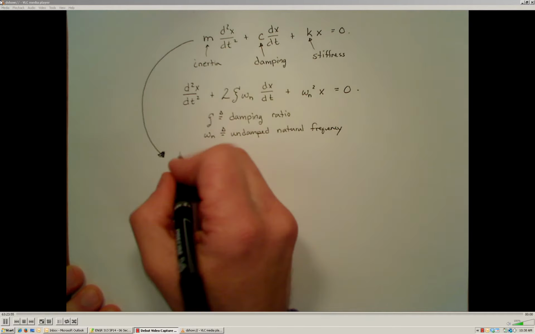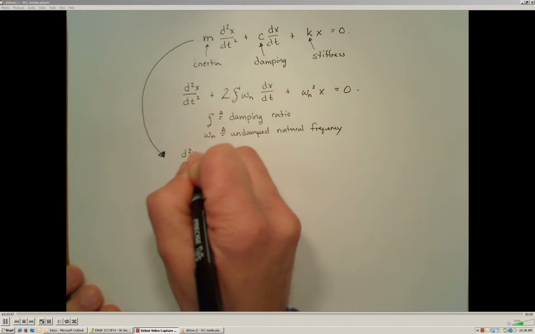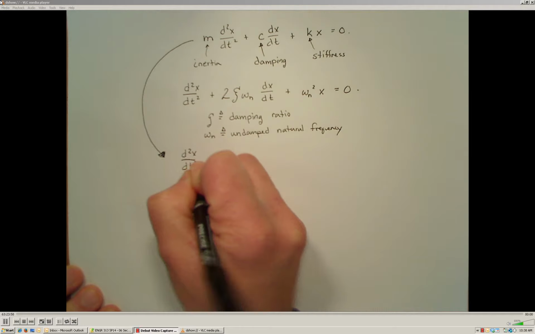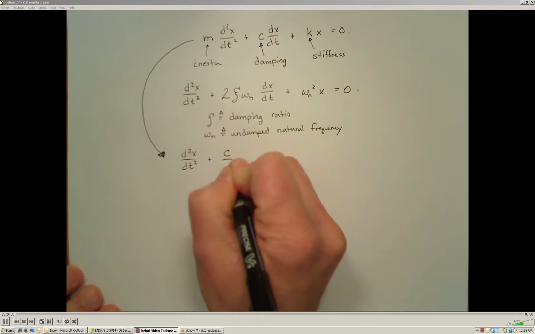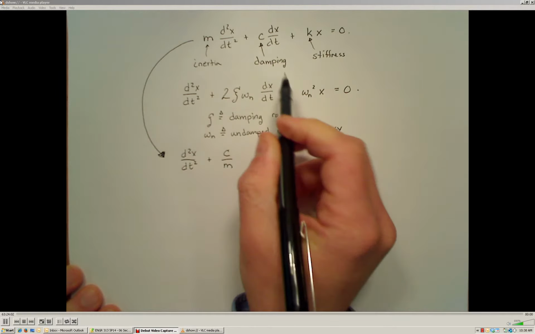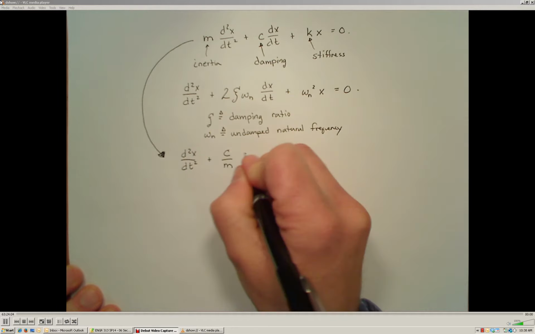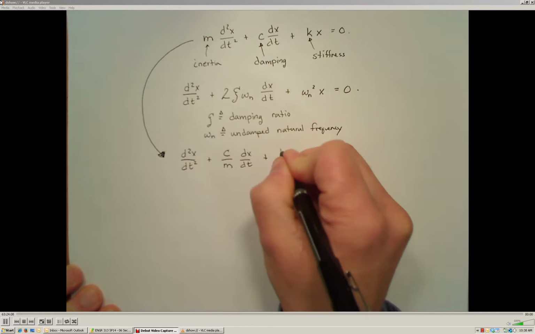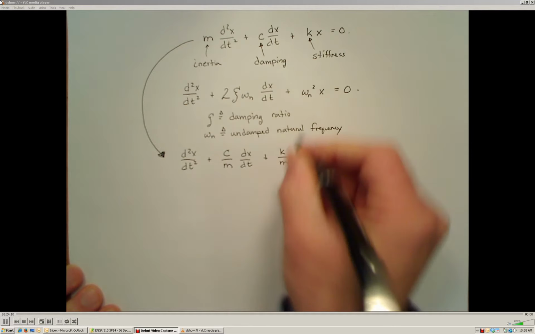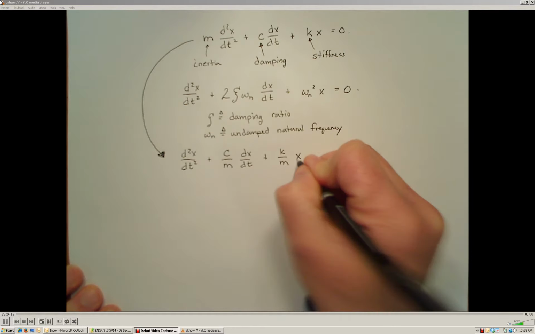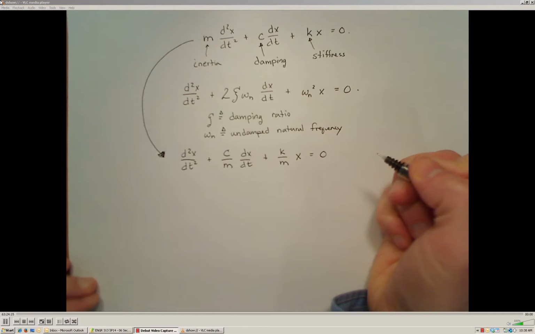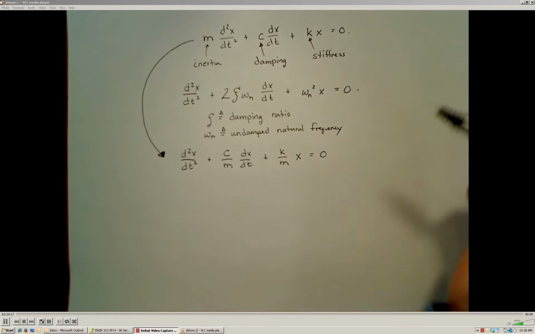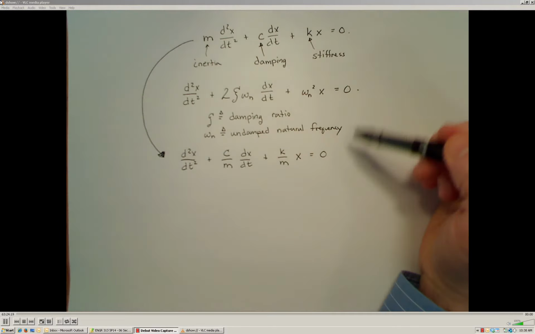If I do that, I wind up with the second-order derivative with respect to time plus c over m, which is the damping divided by the inertia, times the first-order derivative with respect to time, plus the stiffness over the mass, or over the inertia, times the zeroth order derivative, is equal to 0. And from this, now I can compare these two directly.